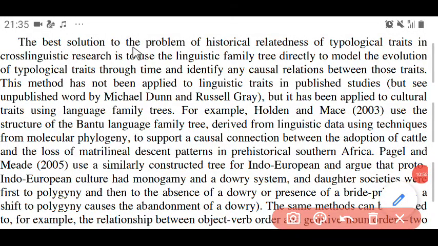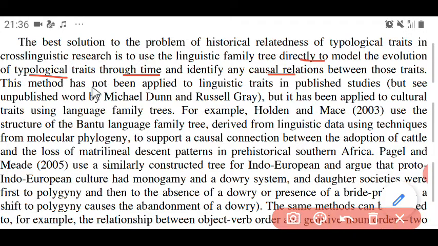The best solution to the problem of historical relatedness of typological traits in cross linguistic research is to use the linguistic family tree directly to model the evolution of typological traits through time and identify any causal relations between those traits.